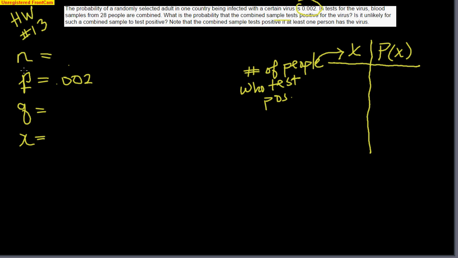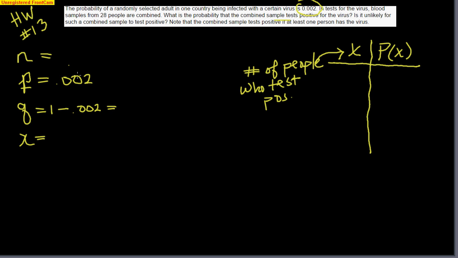0.002. And then we know that q, which is the complement of p, is the probability someone tests negative for the virus. That is going to be 1 minus 0.002, because complements, their probabilities, will always add up to 1.